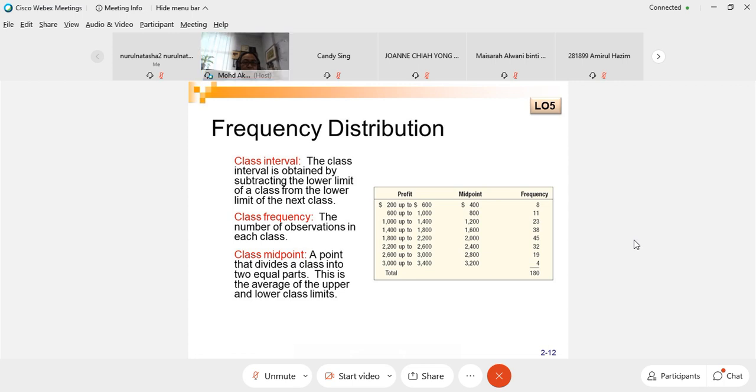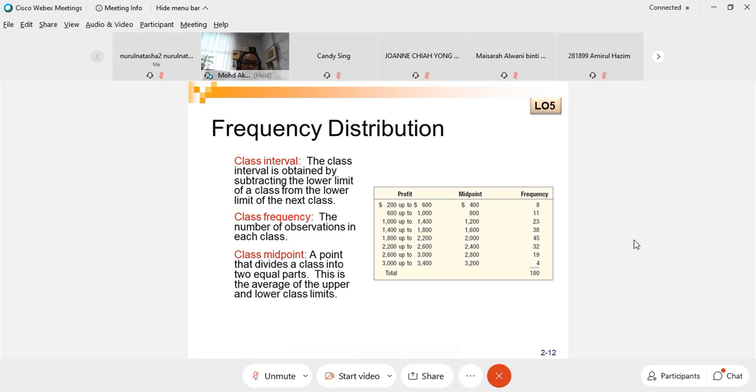This one is called a class interval. Then 600 to 1000 is also a class interval. Class interval equals 400. That means each class is 400 wide. The next class is 1000 to 1400 and so on.